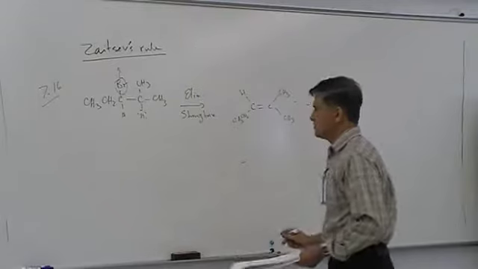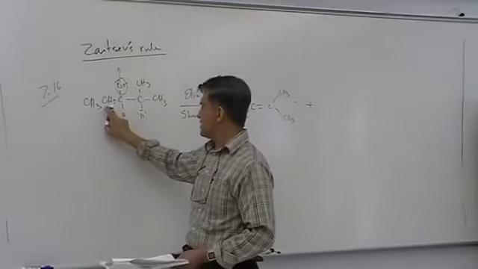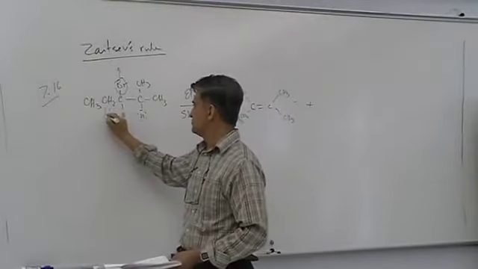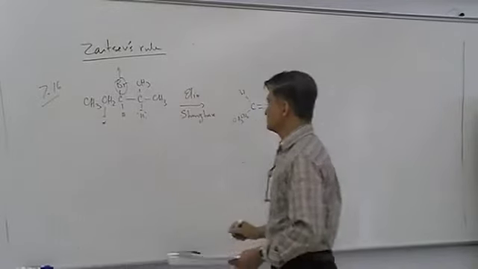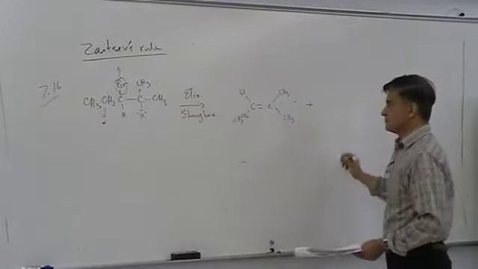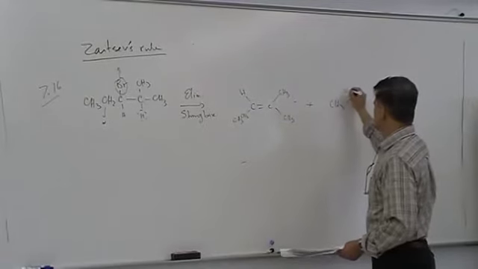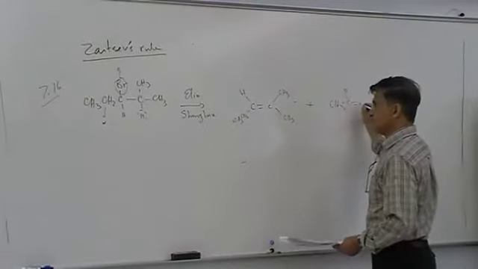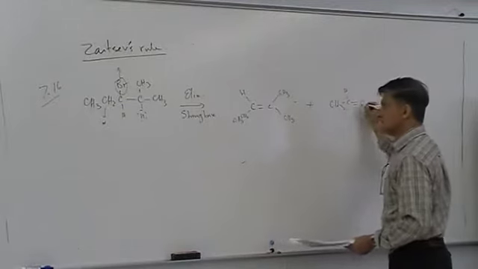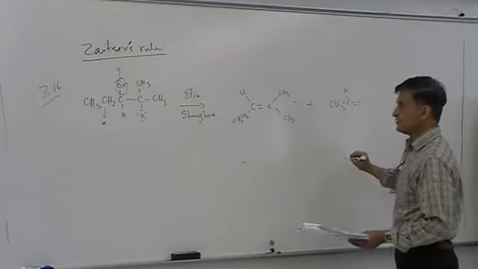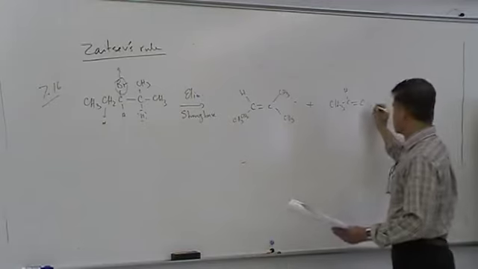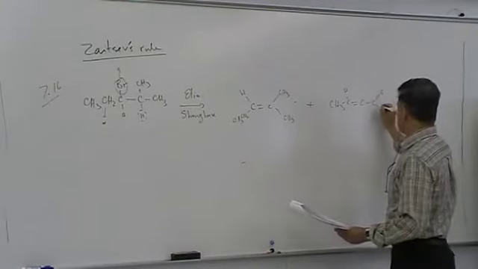The second product would be removing hydrogen from this carbon. That's going to be CH3, CH, then double bond, C, and then you would have C, CH3, CH3.